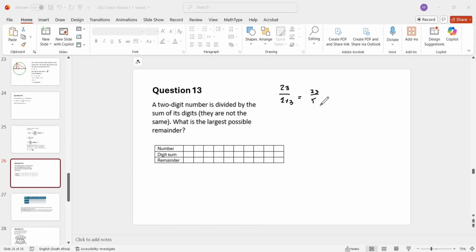What is the largest possible remainder? And here the remainder is 3, because this is equal to 4, remainder 3.